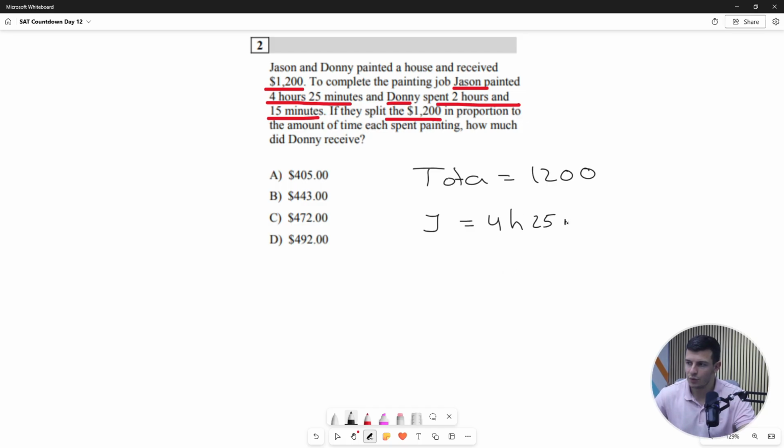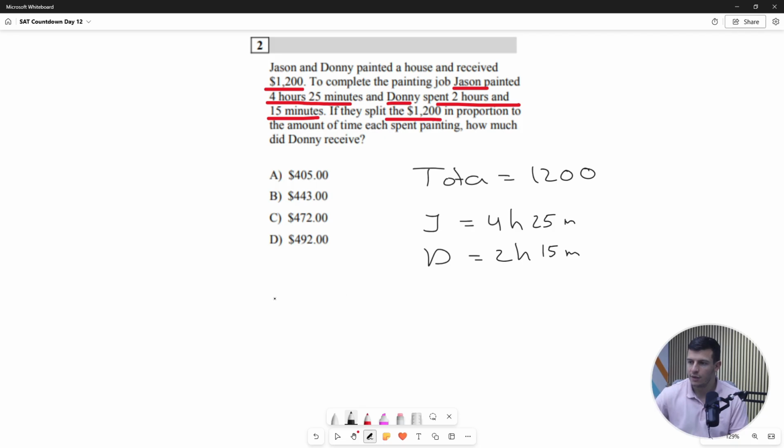If you're not sure why, think about it. And Donnie spent 2 hours and 15 minutes. Because 1 hour is not 100 minutes. I know we all know that, but I've seen people write 2 hours and 15 minutes as 2.15.